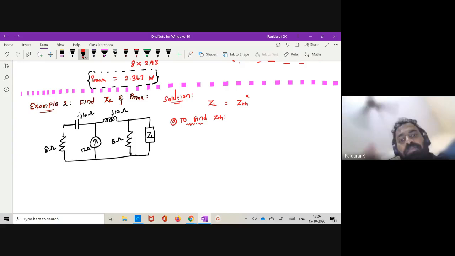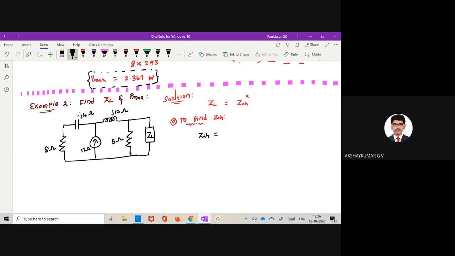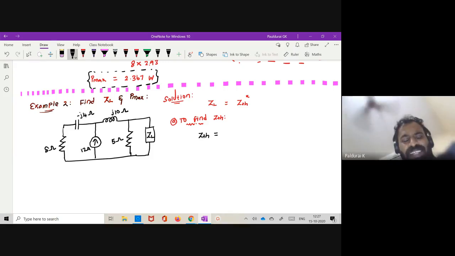Anyone, can you help me? What is the equation for ZTH? Sir, 13 plus 6J, sir. 13 plus 6J. How?